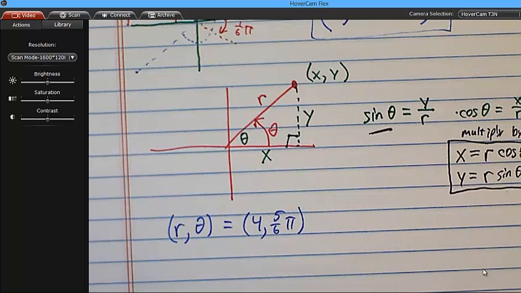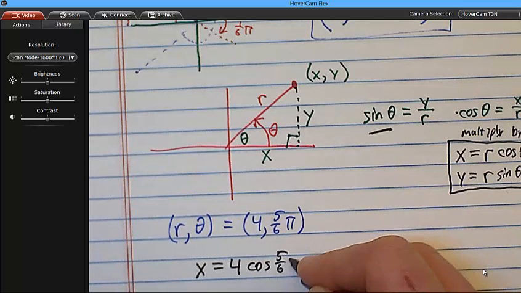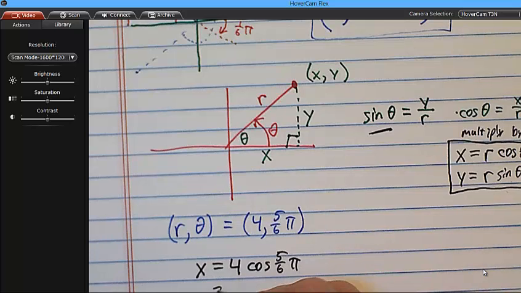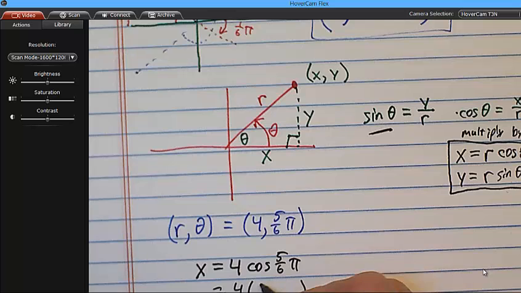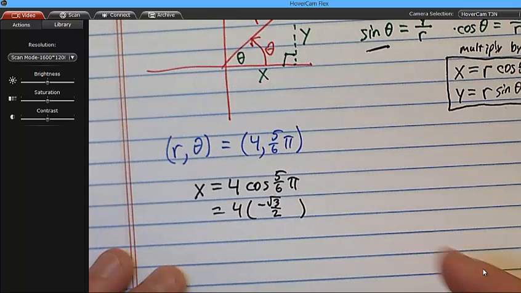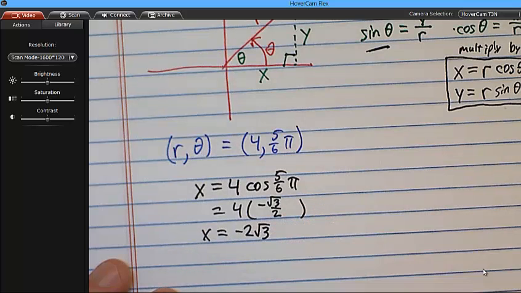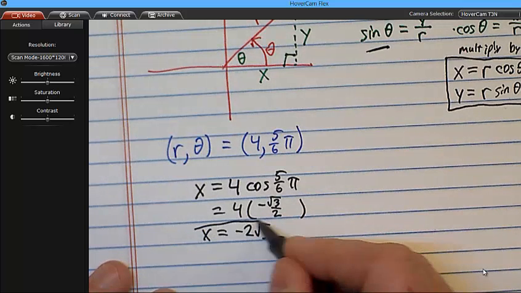I can say x equals 4 times the cosine of 5/6 pi. And we know the cosine of 5/6 pi. You guys already told me that was negative radical 3 over 2. And so, just like that, I get x is negative 2 radical 3. That was the x coordinate we came up with.